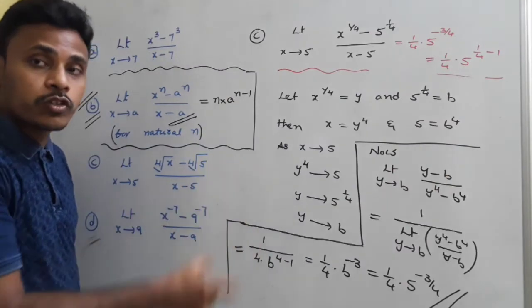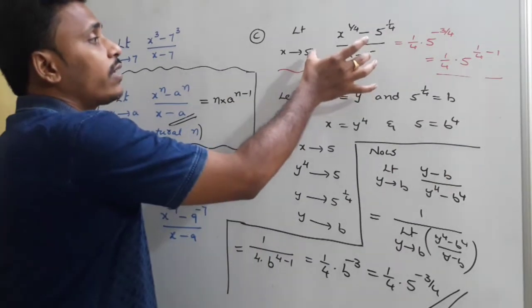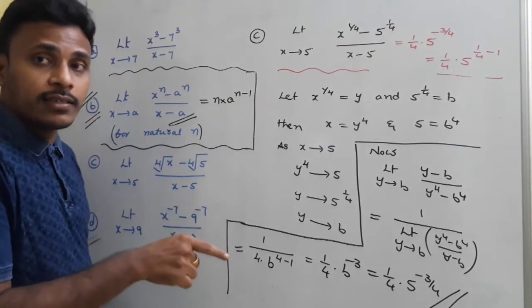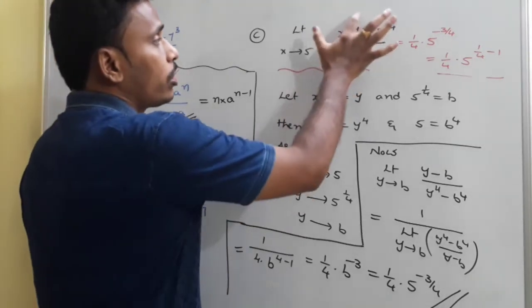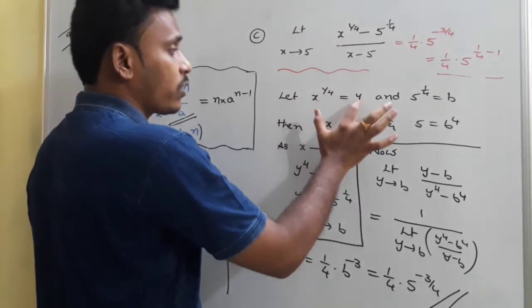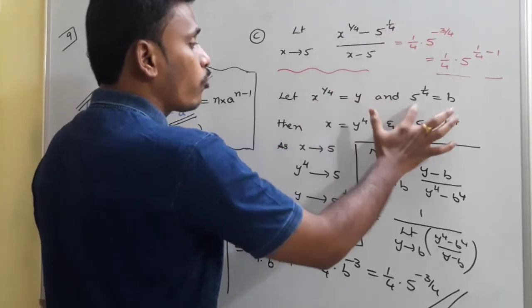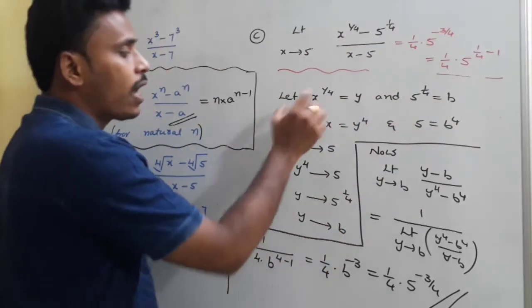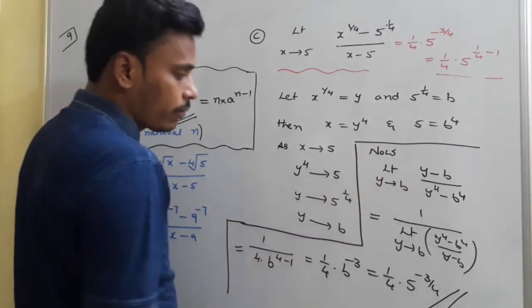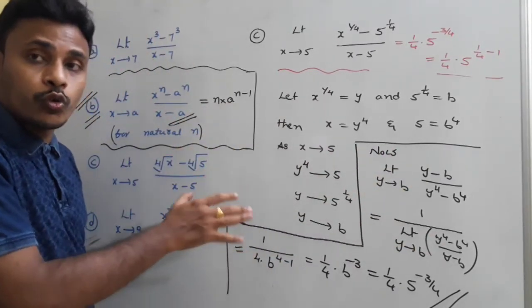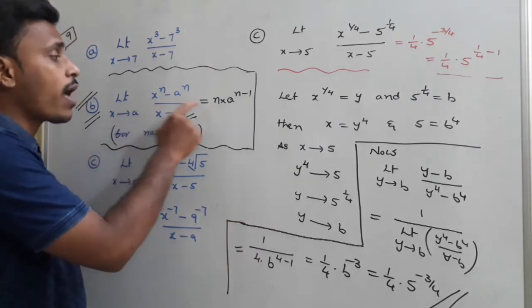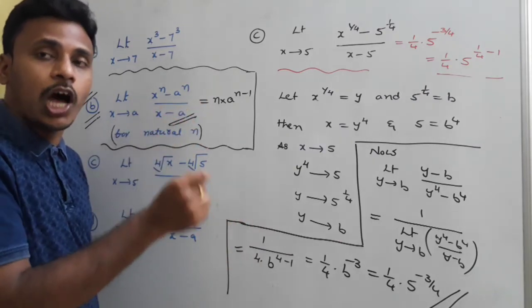As a part of solving, I need to convert the given problem into this particular format. For that conversion, you just let this x power 1 by 4 be y, this 5 power 1 by 4 be b. Okay, right. And from there we did everything. So this is just a support to say that this formula is acceptable for rational n also.